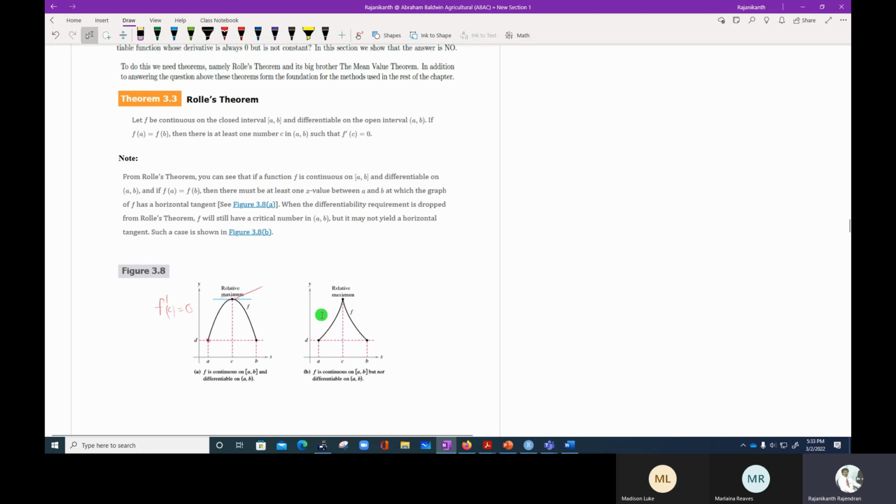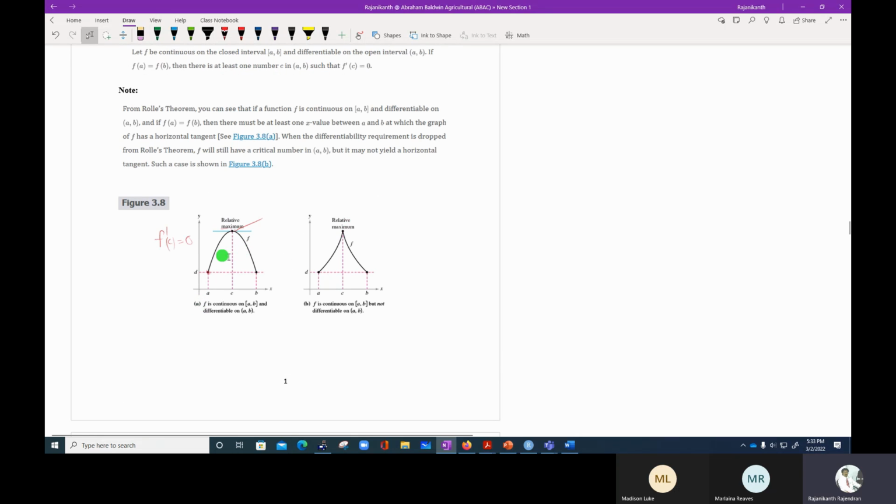But it may not have a zero derivative. If the function is differentiable, then only you will find the zero derivative. If the function is not differentiable, there is no need to have zero derivatives. Maybe a critical point, maybe not differentiable, right? That's the case here we are talking about.